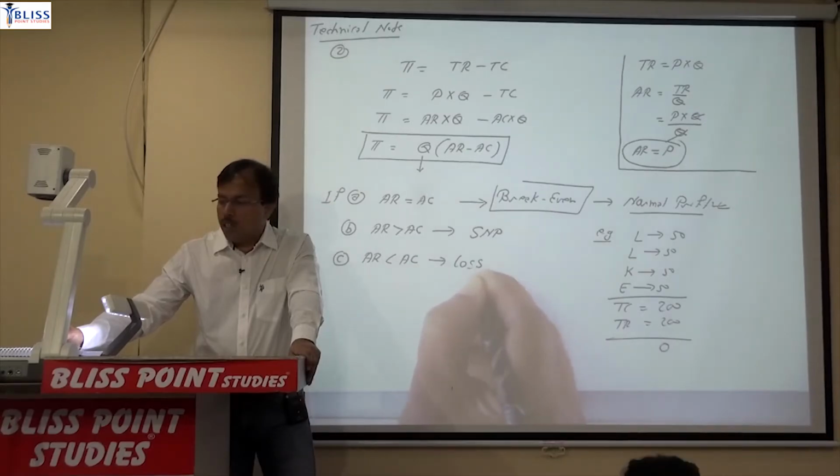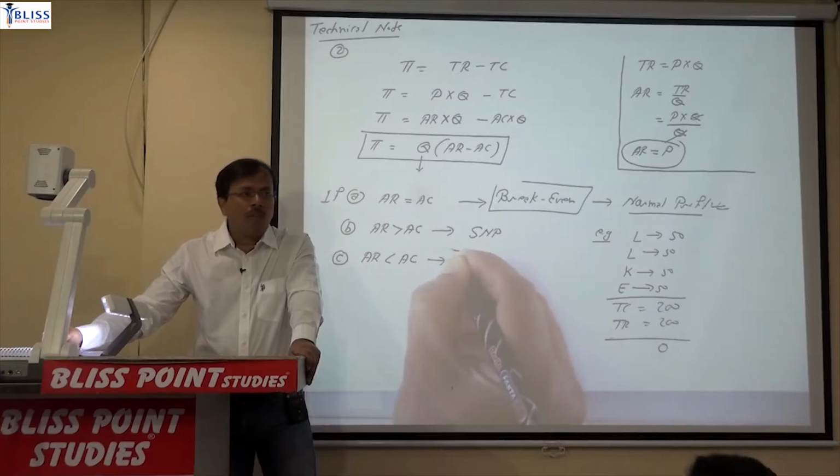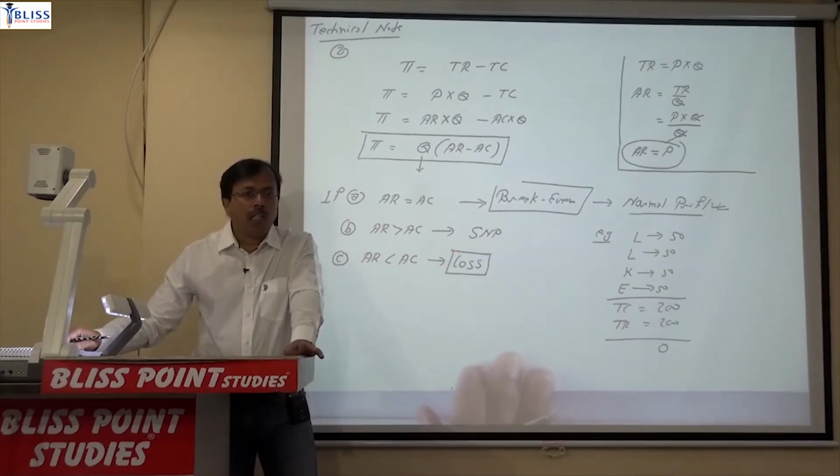Now the question is, if there is loss, in the condition of loss, what will the firm do? There are two possibilities within loss. The firm may shut down or the firm may continue despite loss.